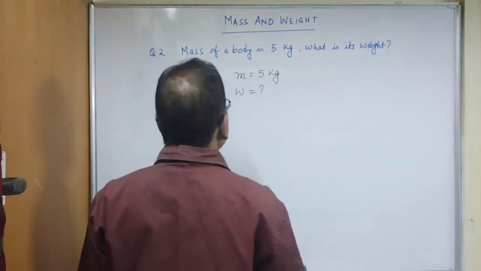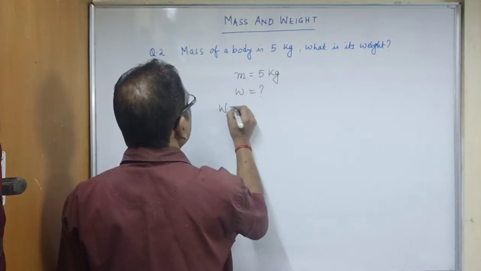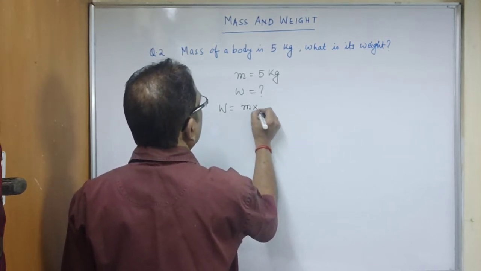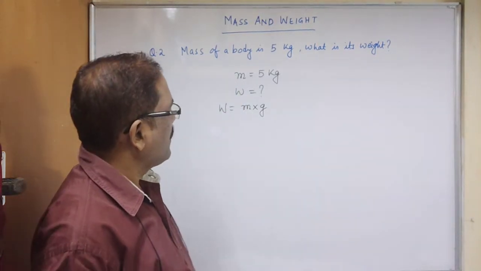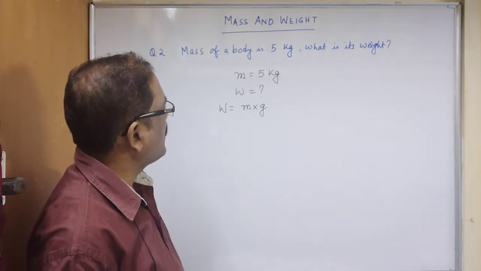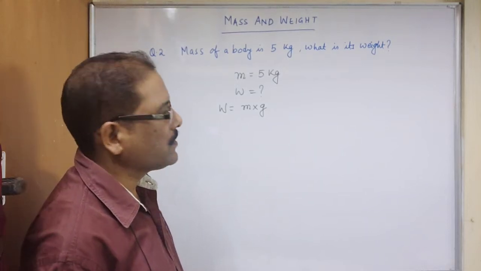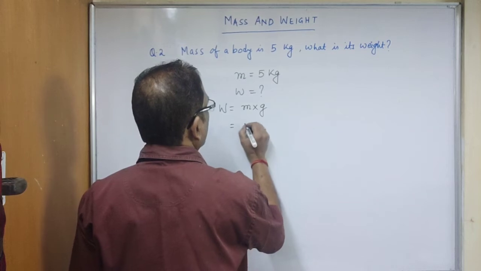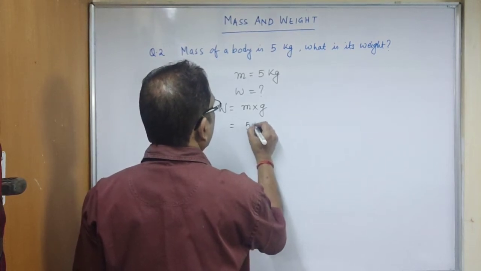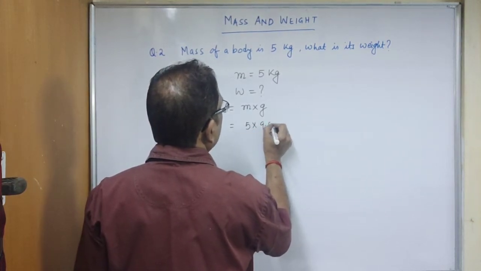So as we know, weight is equal to mass into acceleration due to gravity, mg. So if value of g is not given, you will take 9.8. As you know, value of g is 9.8.